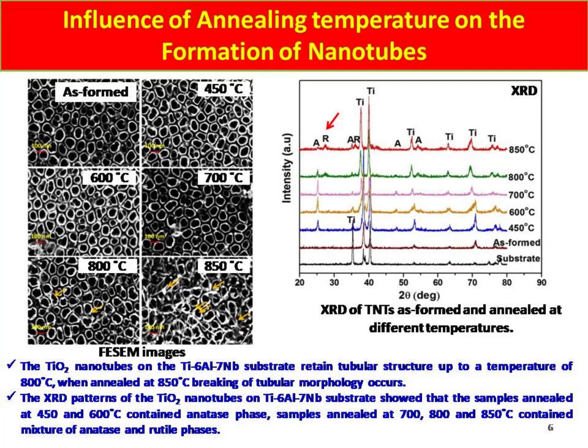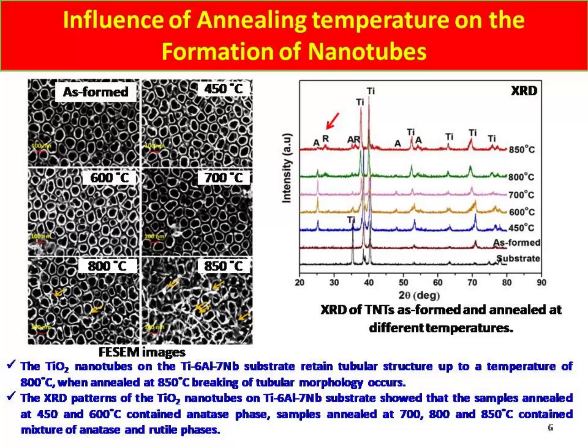The figure shows the variation of annealing temperature after the anodization of the titanium alloy, titanium 6 aluminum 7 niobium. We have varied the annealing temperature from 450 to 850 degrees centigrade.